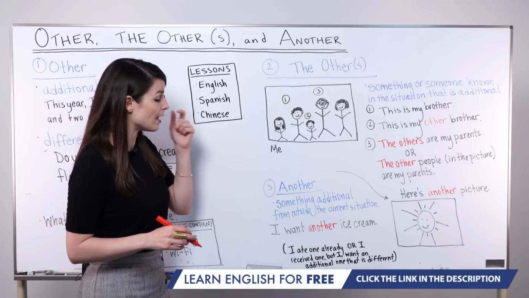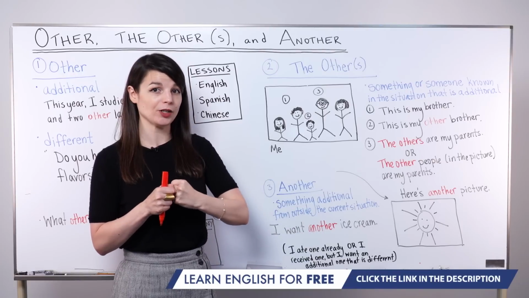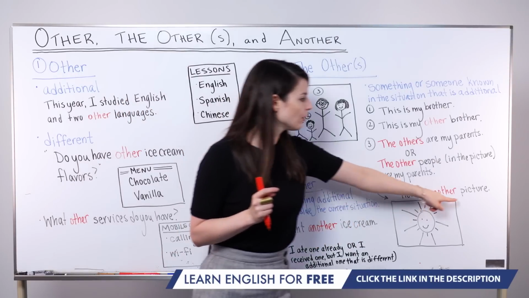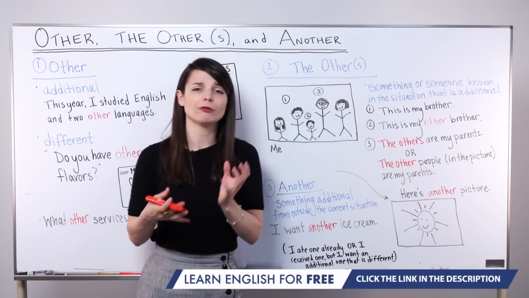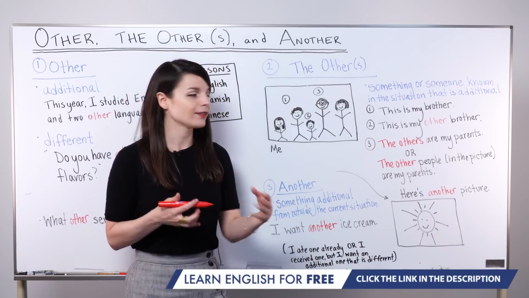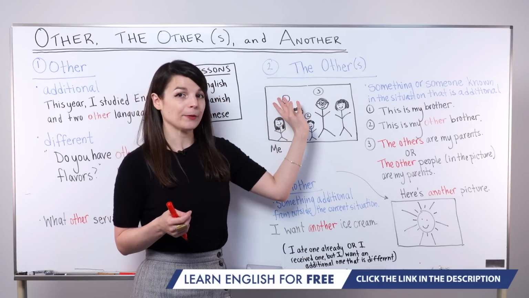So "I want another ice cream." Again, an addition from outside the situation. But keep in mind, the noun in both of these cases is referring to something maybe earlier in the conversation. So in this part, I talked about a family picture.